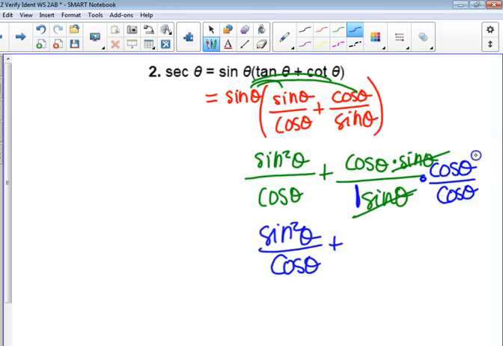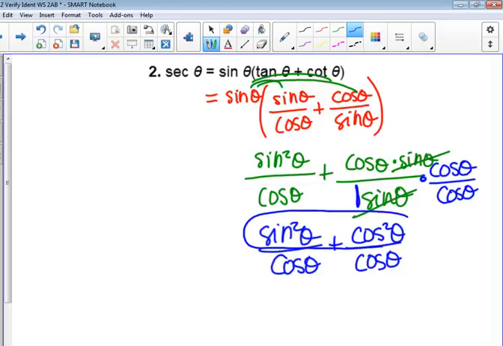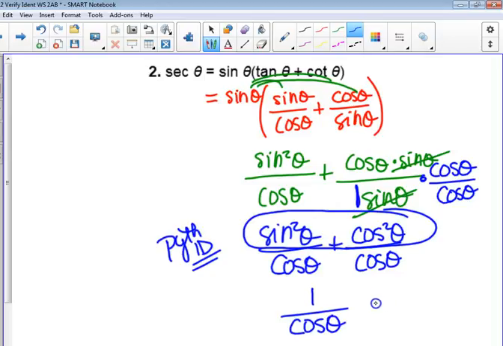But what is this one now? I wrote it separately, but you can combine them all over one common denominator, right? And what will this numerator become? That's a Pythagorean identity, and it is equivalent to 1. When you add fractions, you just keep the denominator, you don't add them together.